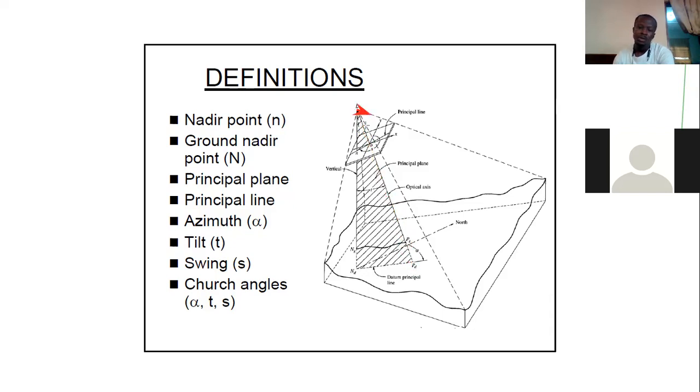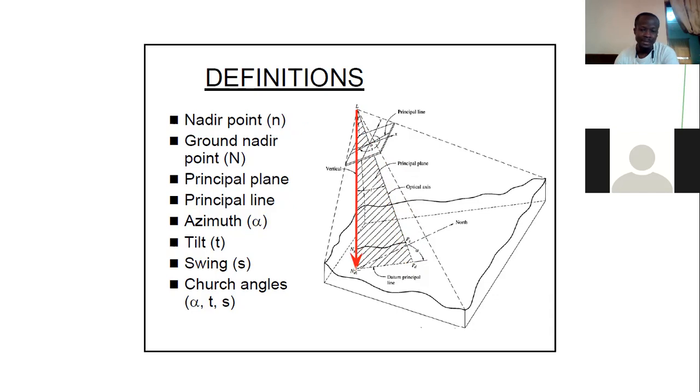Now, where the vertical meets the photograph is called the nadir point, N. Are you okay? Nadir point. All right. So now we have two lines, the optical axis and then the vertical here.